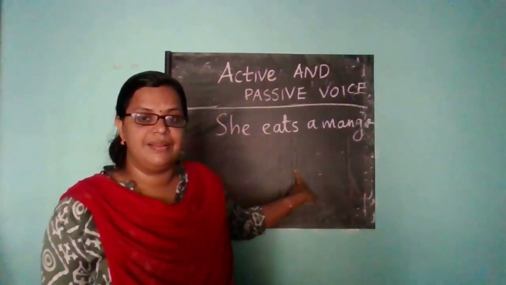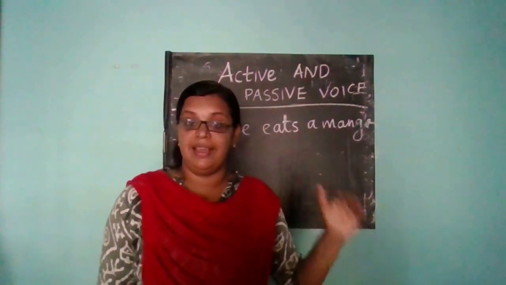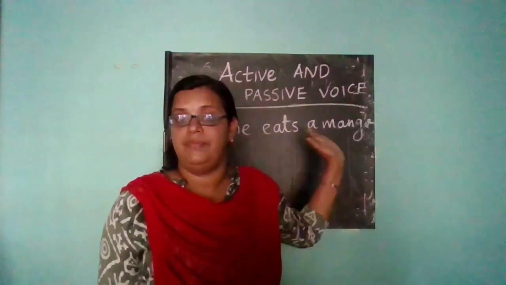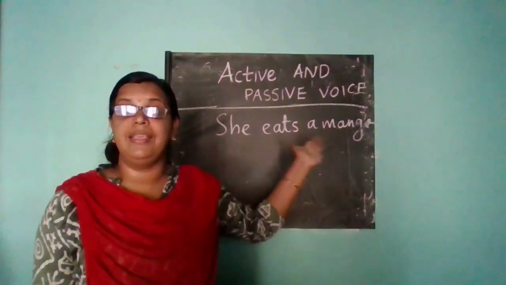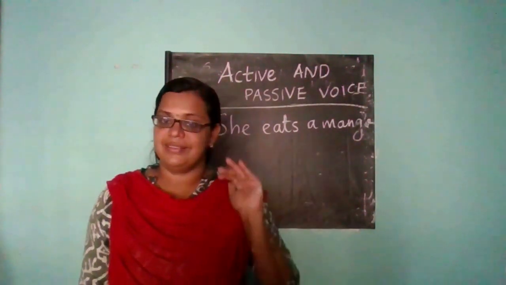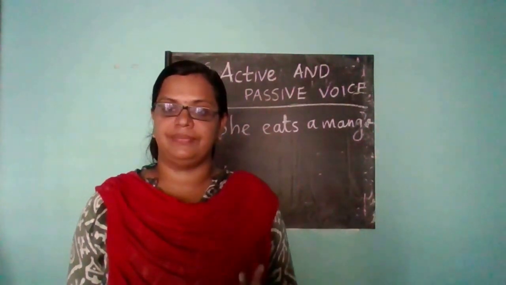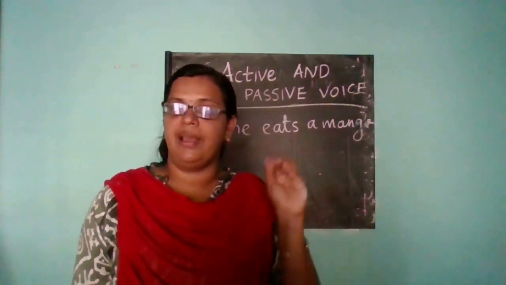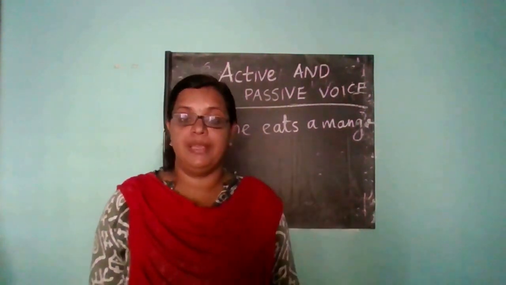Always remember, in simple present tense, the verb will be either in S or ES form or in base form. Which is the base form of eats? Eat. They eat a mango. Both sentences are in simple present tense.